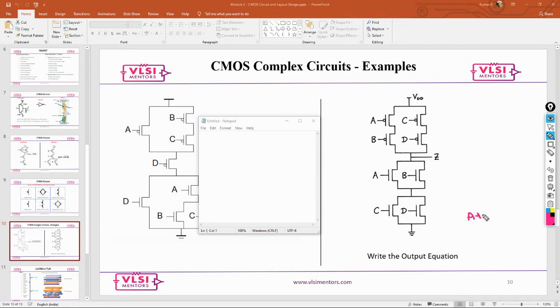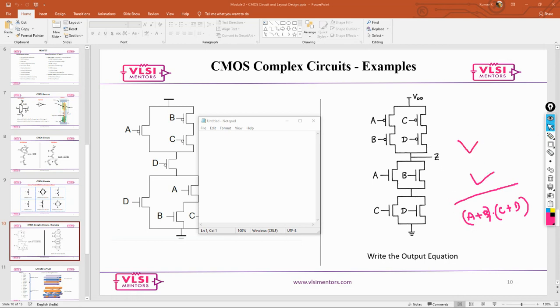A plus B into C plus D. Any other answer? Okay, great. So this is your correct answer.